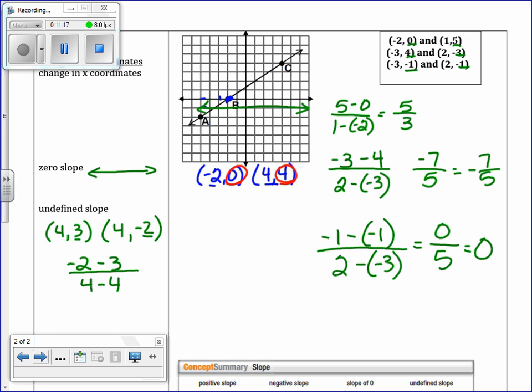So I end up with negative 5 over 0. You cannot divide by 0. Even if you put it in your calculator, negative 5 divided by 0, your calculator will come up with an error. That's why we call this an undefined slope. The line goes straight up and down, but we call that undefined.